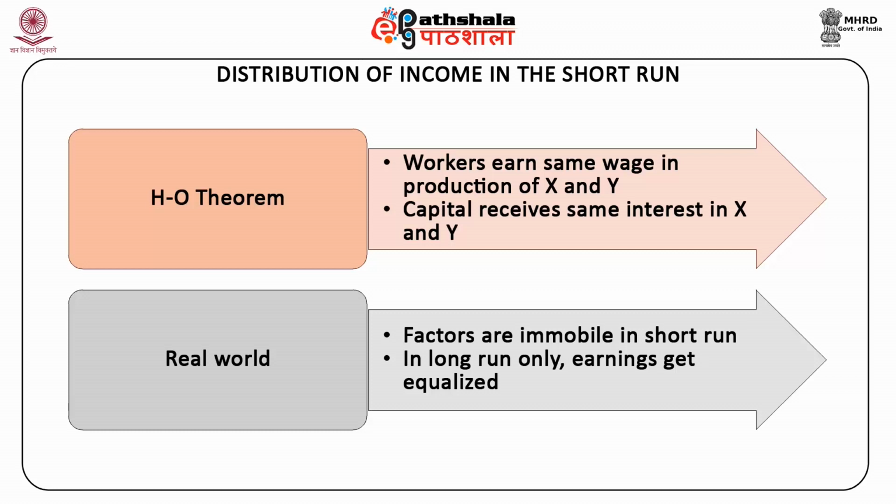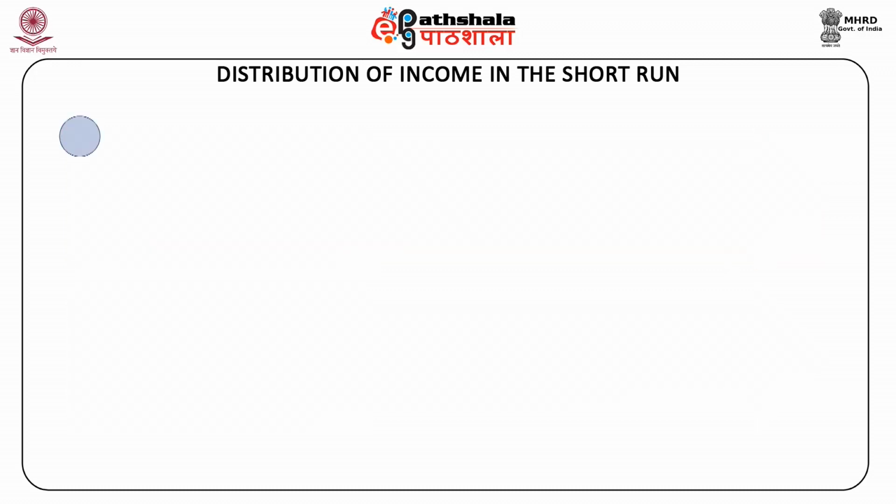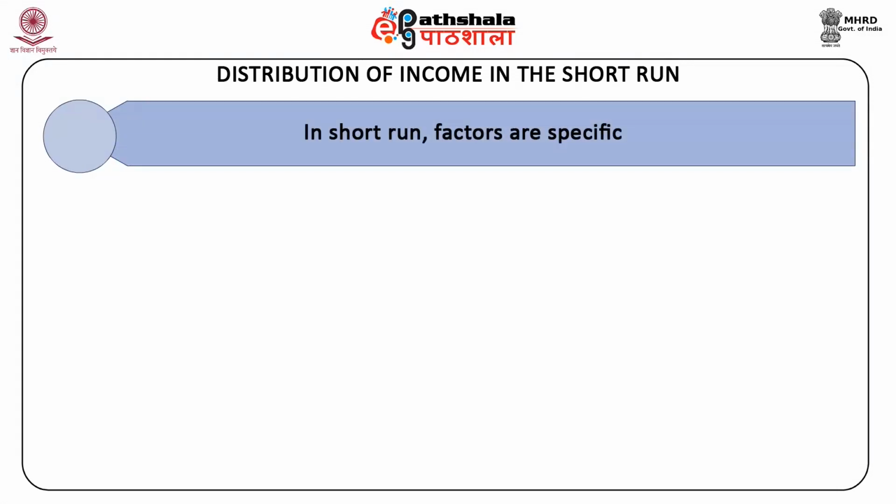Only in the long run, when there is enough time for resources to move between industries, will earnings be equalized again. In the short run, factors are specific. This difference between short run and long run is very important for understanding the income distribution effect.